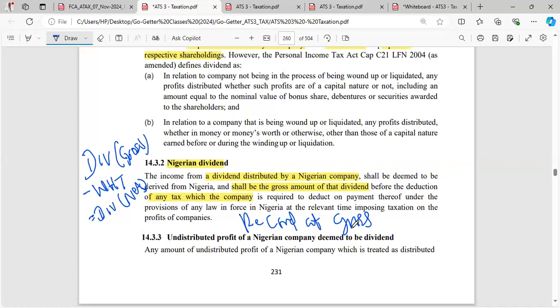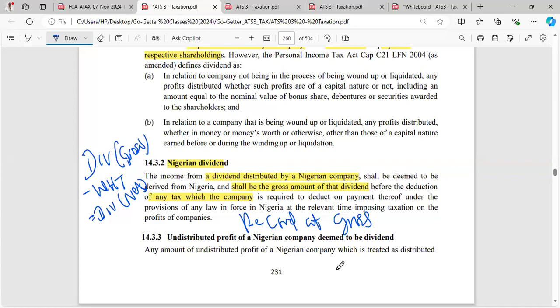Now you have a bank alert, you see 900,000, and they label it dividend income. How do you record it in your book? You don't go to your book and say, oh, I received 900,000, I will record 900,000. No, this place is saying by law, that 900,000 you received is net.